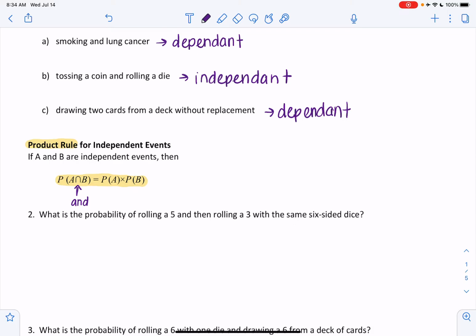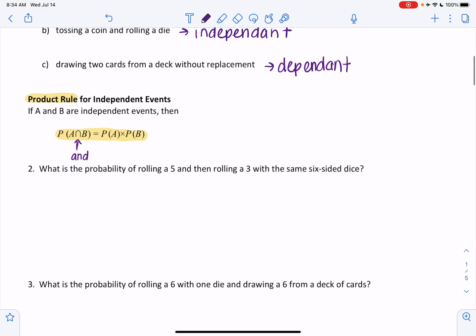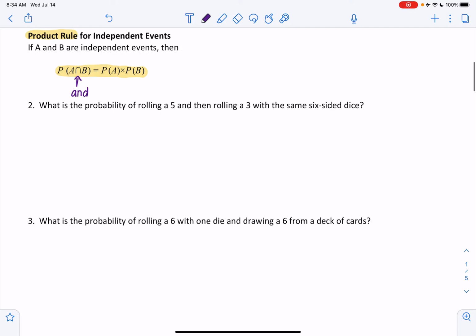So let's try a couple of examples. For example 2, what is the probability of rolling a 5 and then rolling a 3 with the same 6-sided die? Now to start, we want to think to ourselves, are these independent or dependent events?